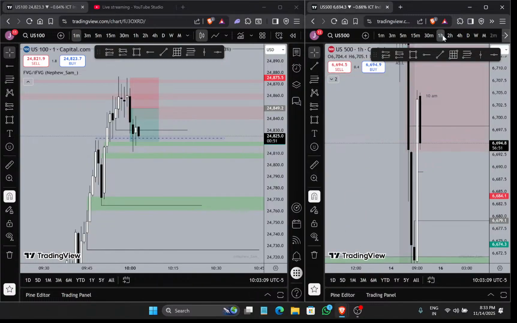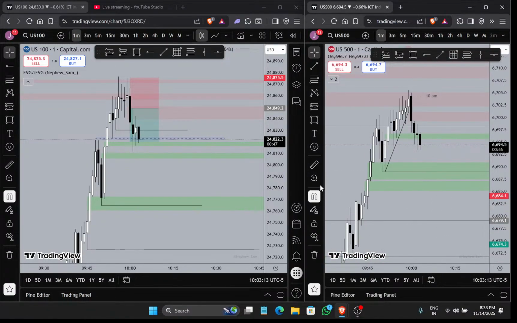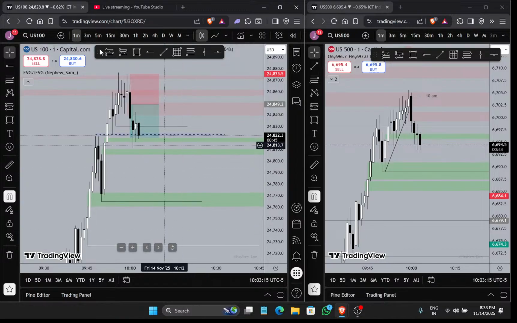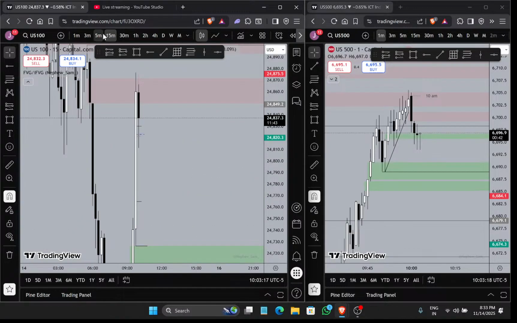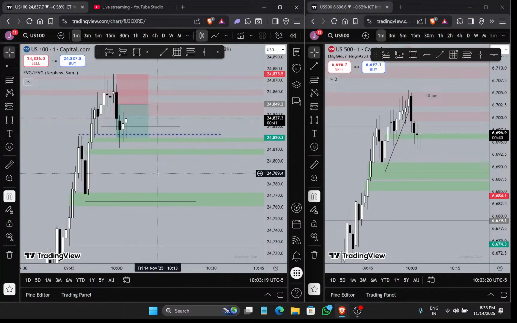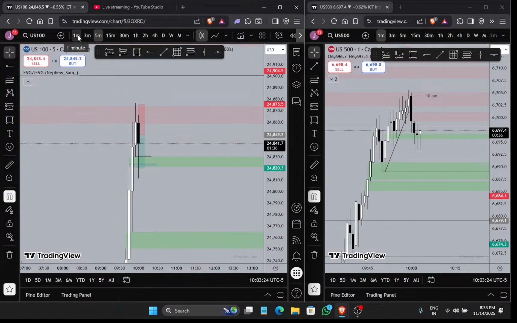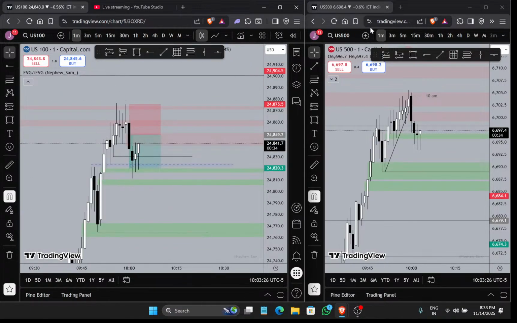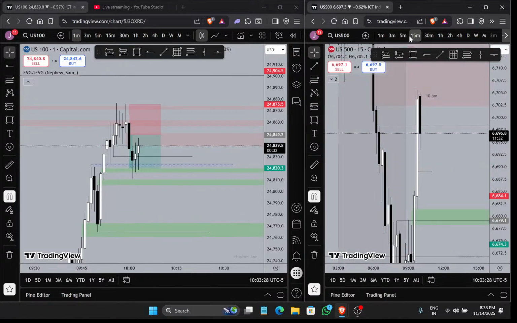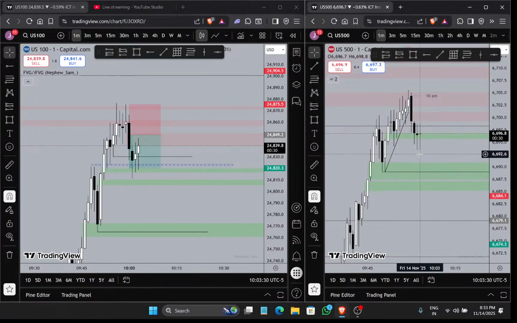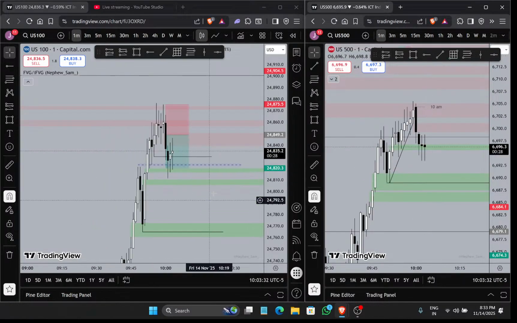Let's see the 1 hour candle. We are pushing down, so we are forming the bottom wick. Let's see.